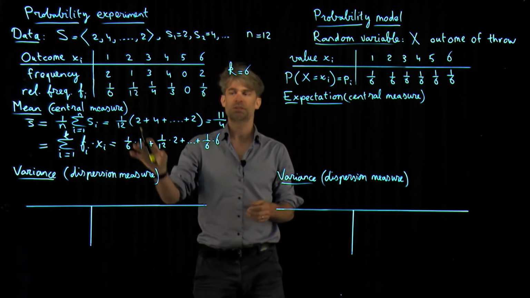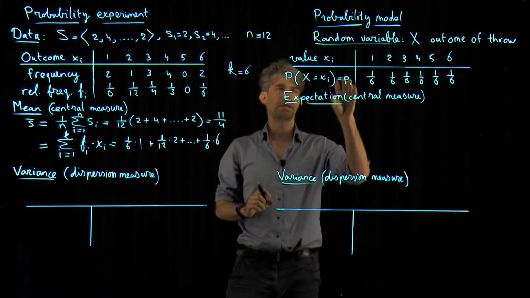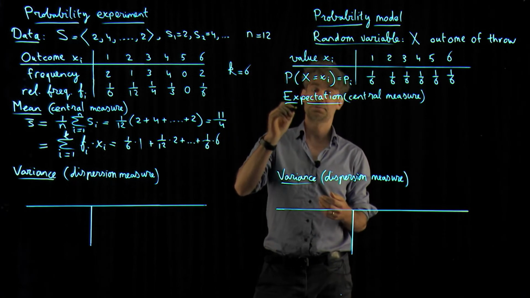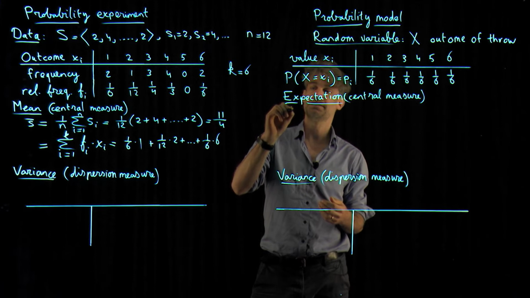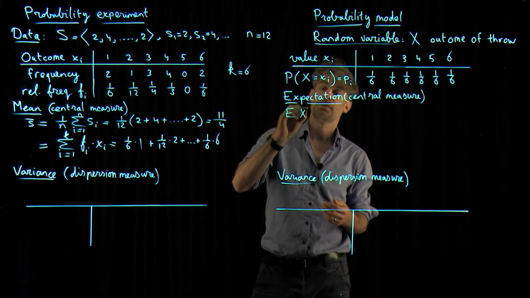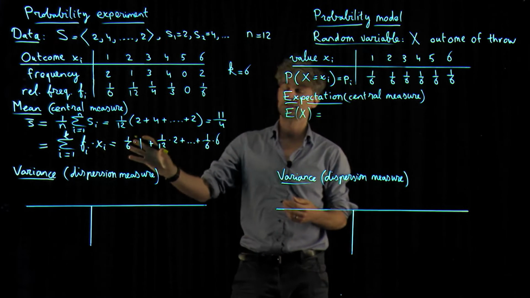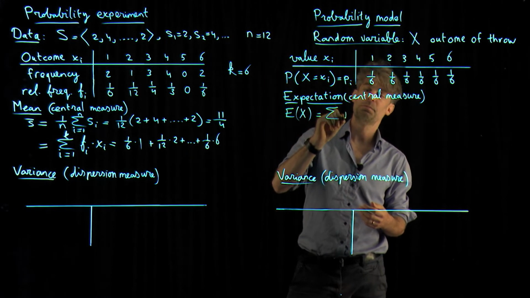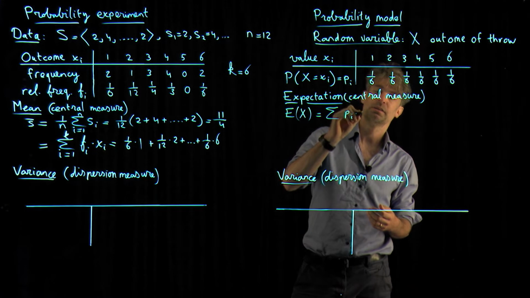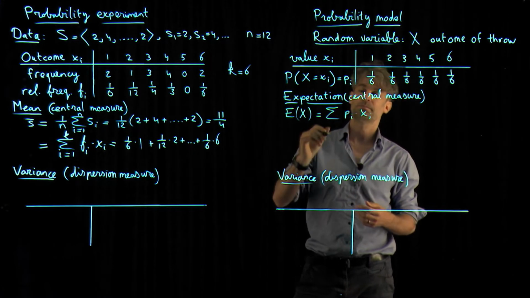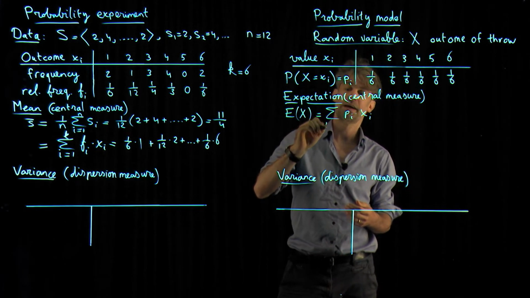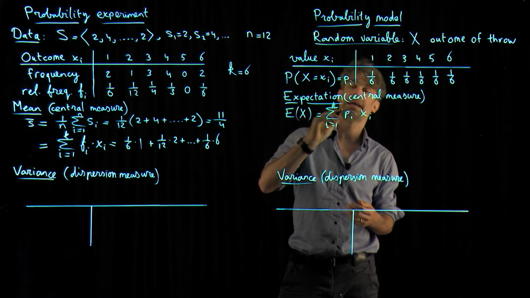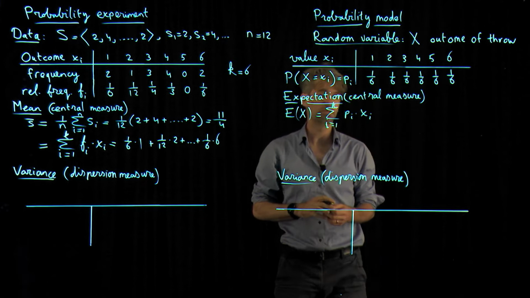And since these relative frequencies are going to approximate these probabilities, the expectation should then be defined, inspired by this second computation, as the sum of the probabilities times the outcomes. And here again, i runs from 1 to k, where k is the number of possible outcomes.